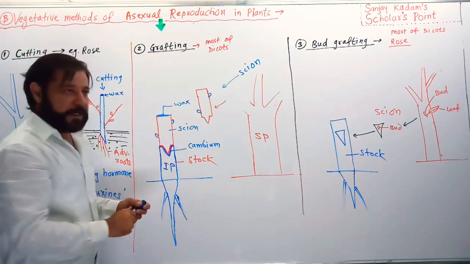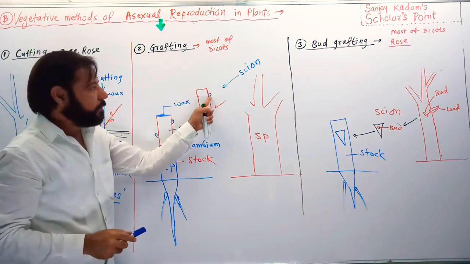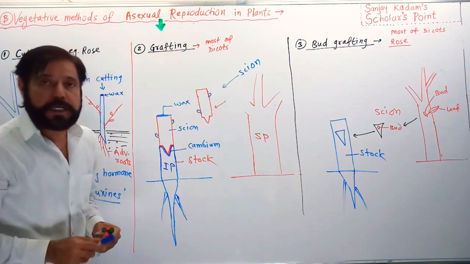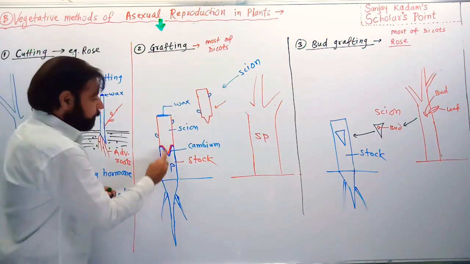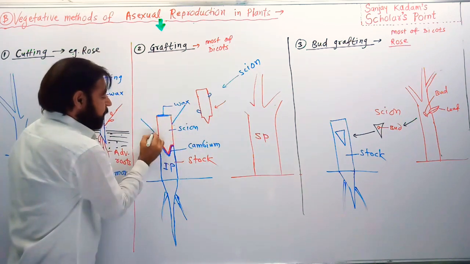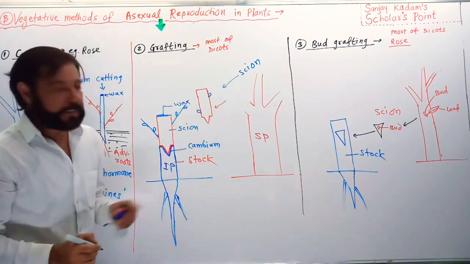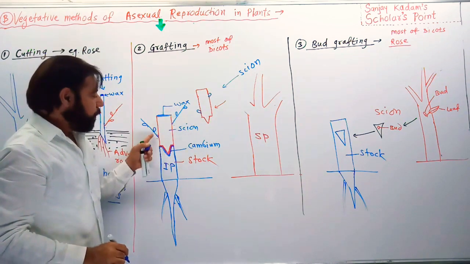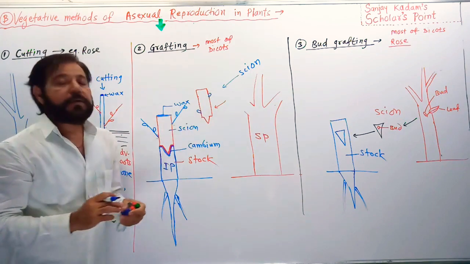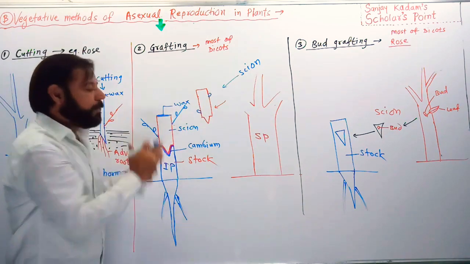After a few days the buds on the scion show growth and form new branches. If branch formation from the buds of the scion starts, it means the grafting has become successful.